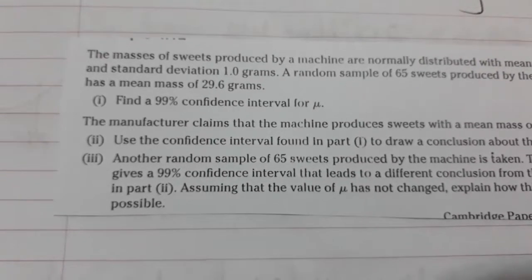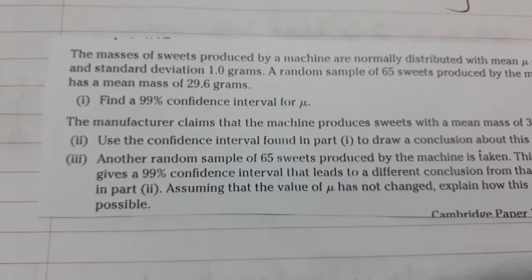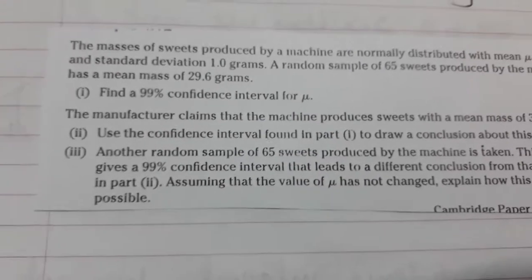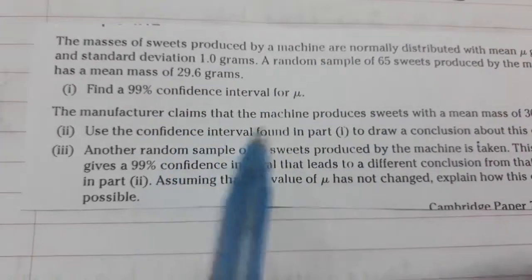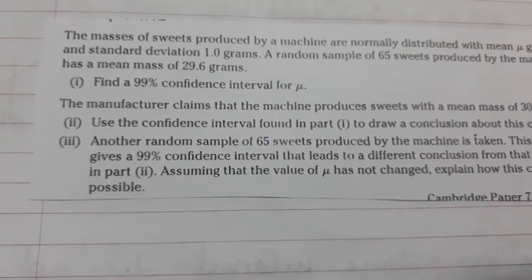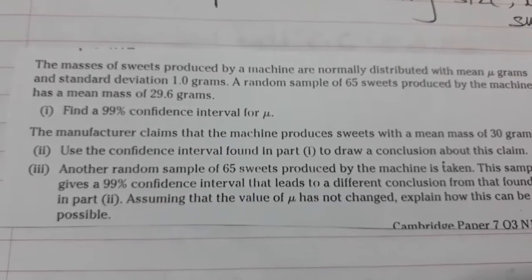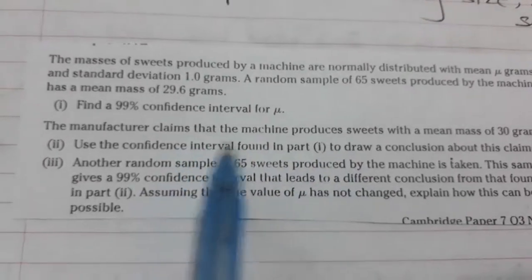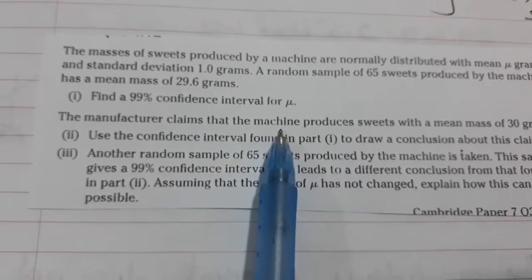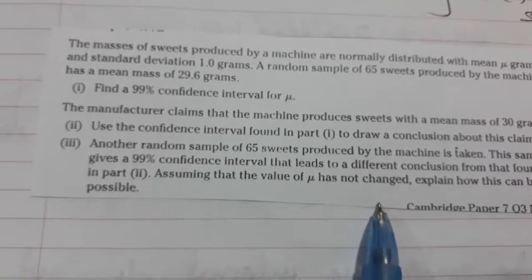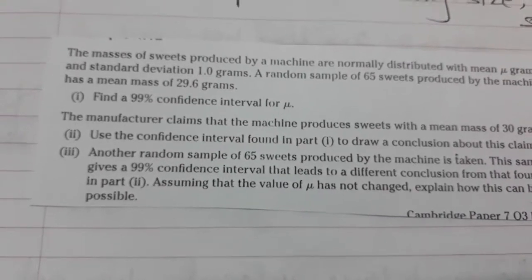So what conclusion do you draw about this claim based on that interval? Does 30 lie between 29.3 and 29.9? If it does not lie between these two end values, it means the manufacturer claim is not correct. But if 30 lies between them, then it means the manufacturer claim is correct.